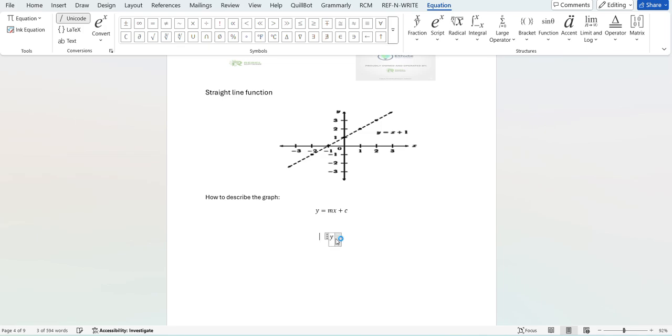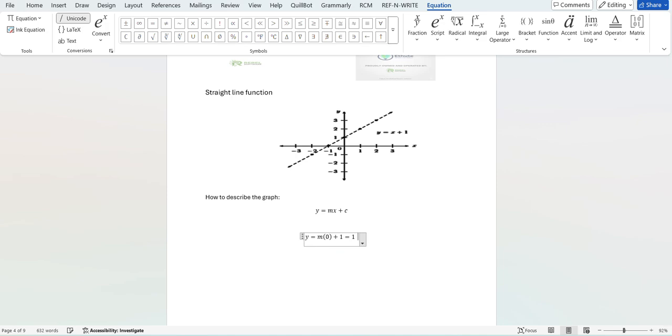So y equals m multiplied by 0, then we add our value. From this you can see that y equals 1.